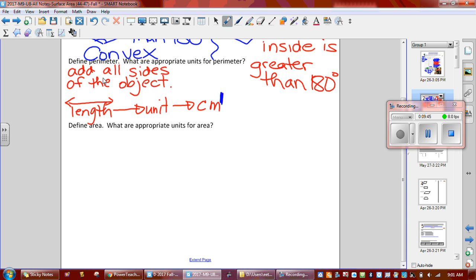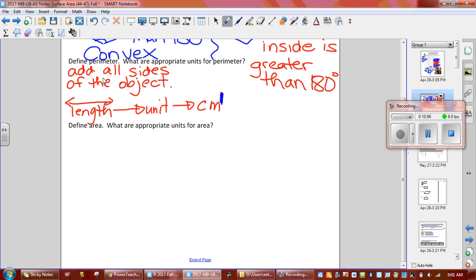Okay? What about area? How is it different from perimeter? Am I still only measuring one thing? No. That's right, you're measuring the amount of space for the inside of an object. So how do I do that? Good.